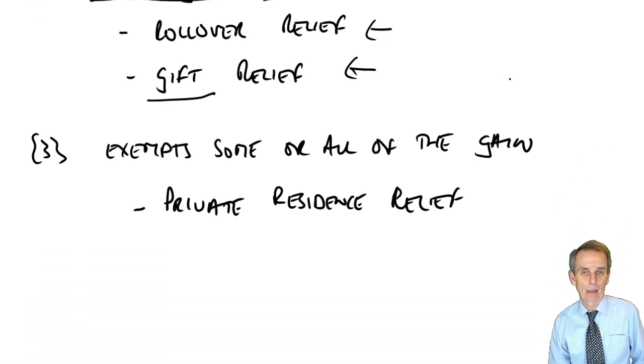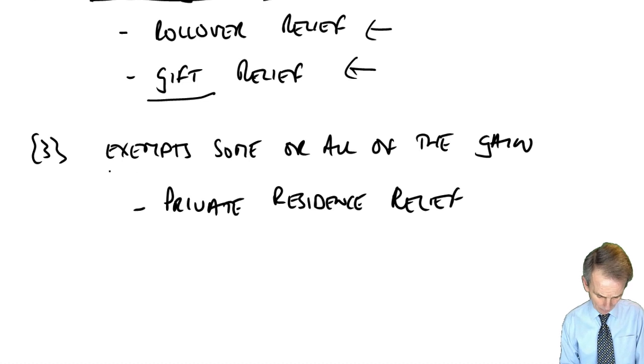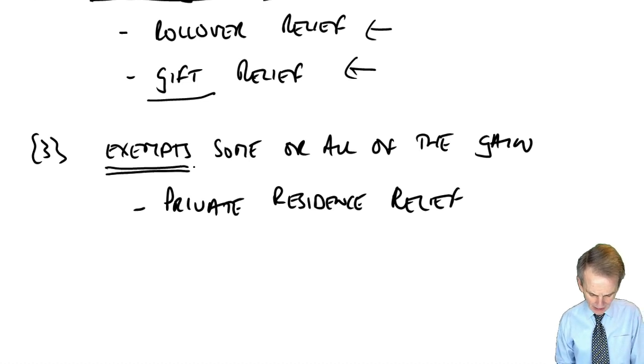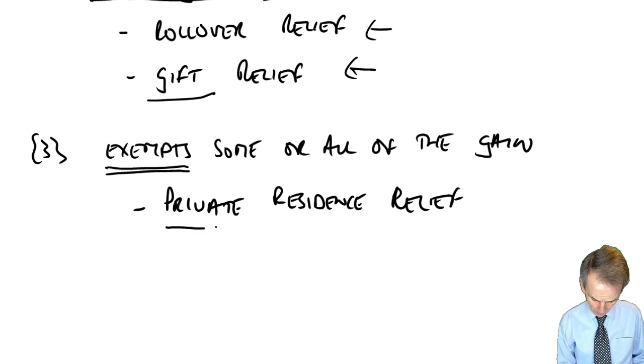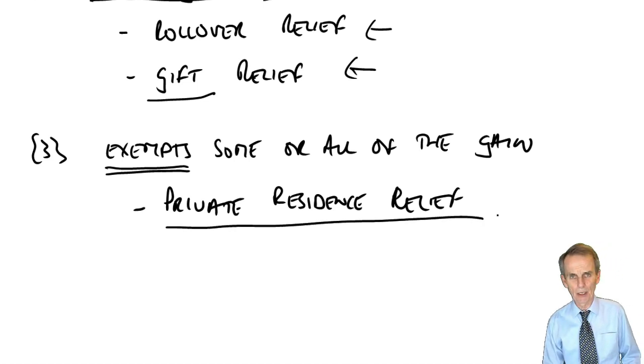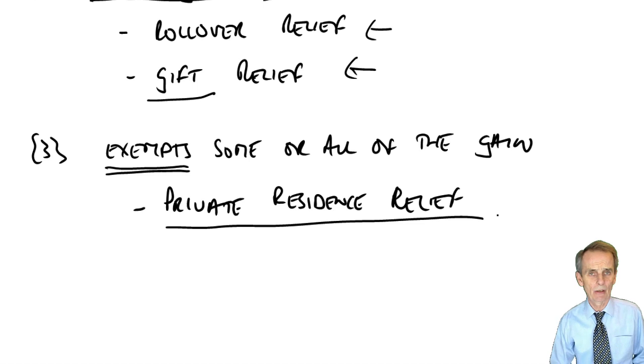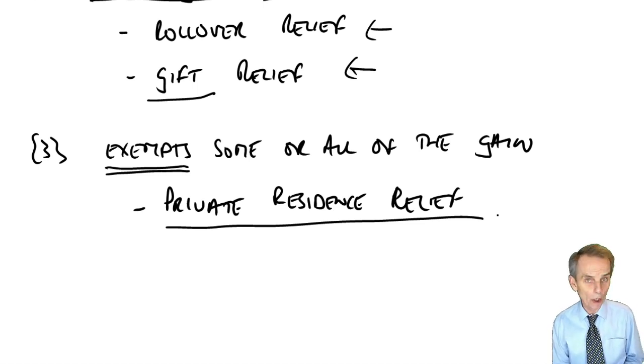And the best type of relief we could ever have is this one. A relief that exempts either some, or even better, all of a gain made. And that is where this one, private residence relief, comes into play. Now, we've mentioned this before. We've said a lot about residential property and the downside on the disposal of residential property, in as much as there are problems here for the taxpayer, given the tax rates that they will have to pay.